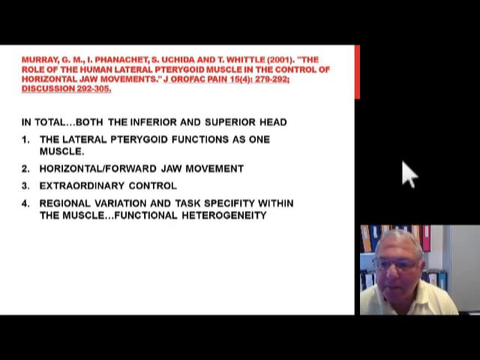However, there is a departure from that, and I think it's important because many of you have not been exposed to this before, and it certainly hasn't been incorporated into mainstream dentistry and muscle function, in that the muscles or the portions of the muscles are what are termed functionally heterogeneous.